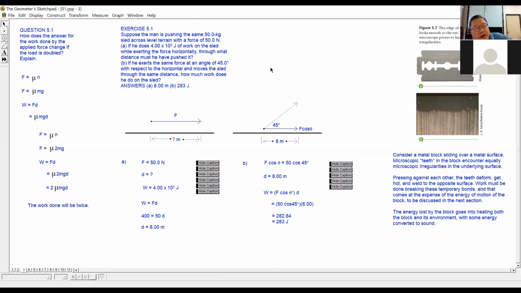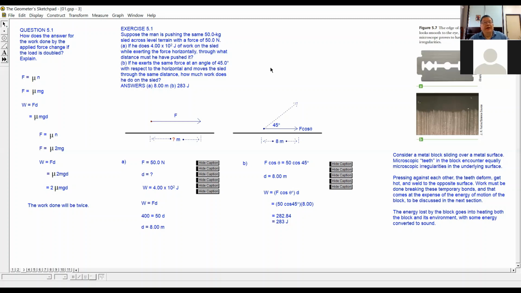For this question, we use the same formula. We substitute whatever we know into the equation, and whatever unknown is inside the equation, we can solve for that unknown.